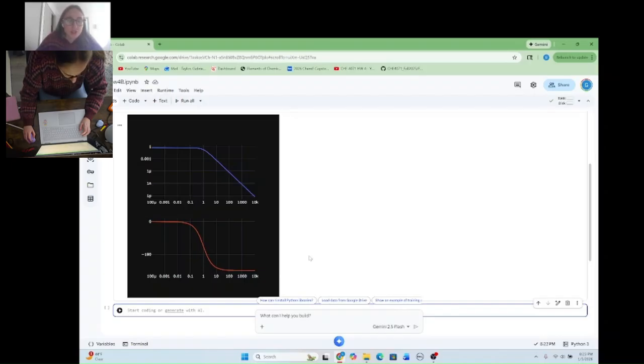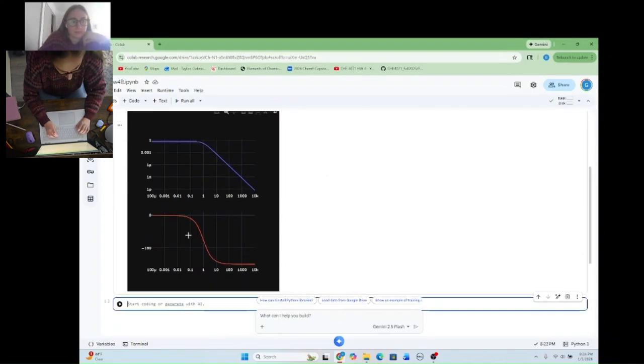What we need to figure out is our crossover frequency. Our crossover frequency is the frequency at which our phase angle is negative 180. It tells us that it is about 1.8.